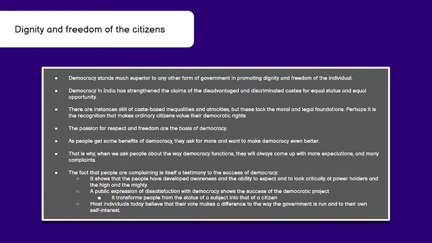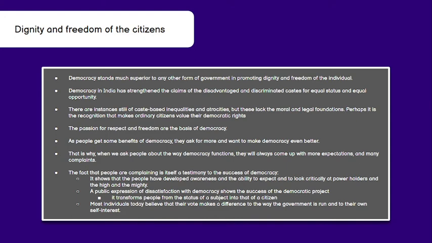Coming to dignity and freedom of citizens. So dignity means respect, right? Respect and the rights they receive from a democracy or from a constitution. So democracy stands much superior to any other form of government in promoting dignity and freedom of the individuals. Democracy in India has strengthened the claims of disadvantaged and discriminated castes for equal status and equal opportunities.